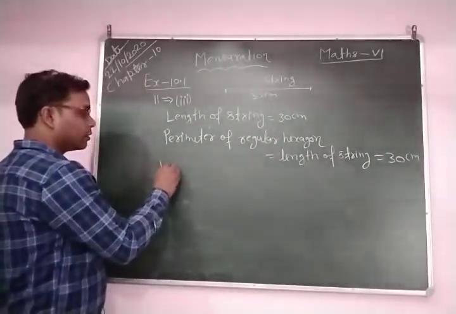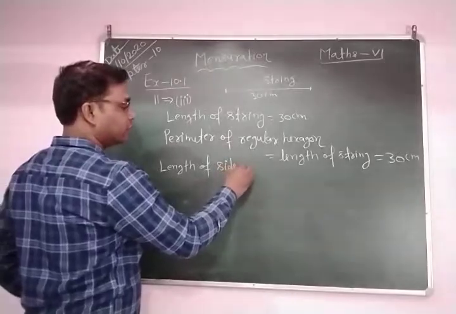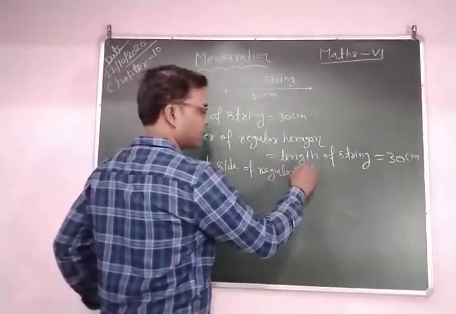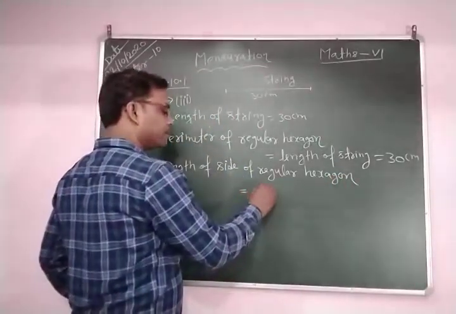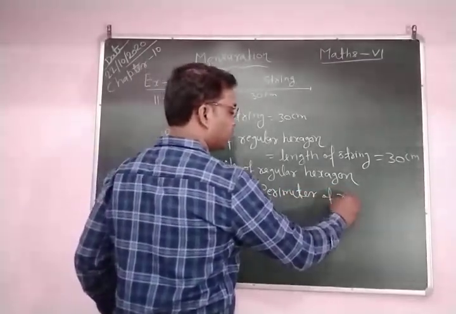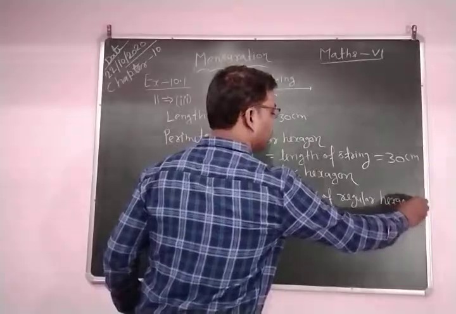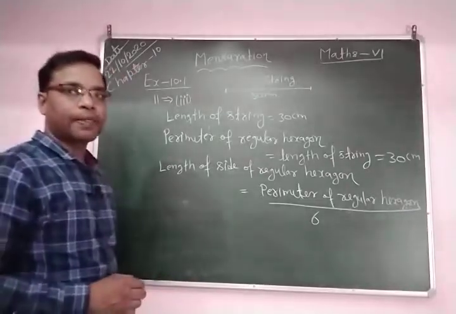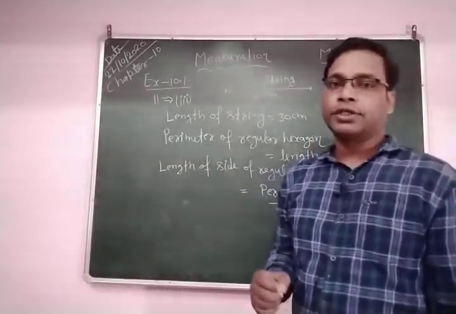The length of a side of a regular hexagon is equal to the perimeter of the regular hexagon divided by 6, because we know that the perimeter of a regular hexagon is equal to 6 times the length of a side.